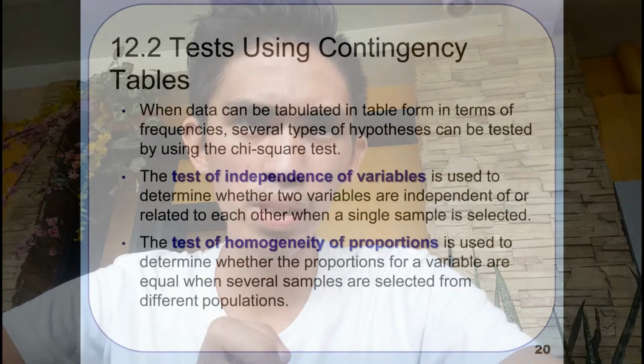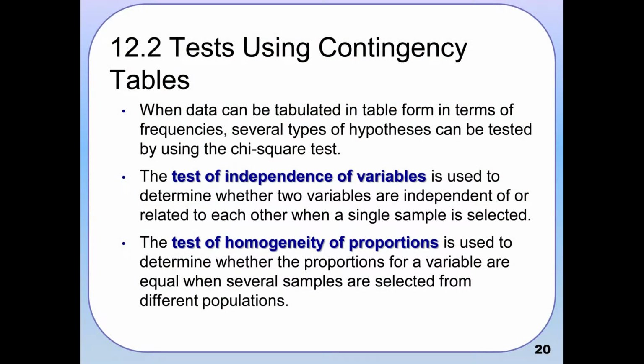In the next topic, using contingency tables when the data can be tabulated in a table form in terms of frequencies. Several types of hypotheses can be tested by using the chi-square test. The test of independence of variables is used to determine whether two variables are independent of or related to each other when a single sample is selected.